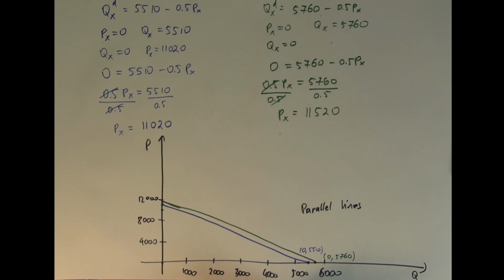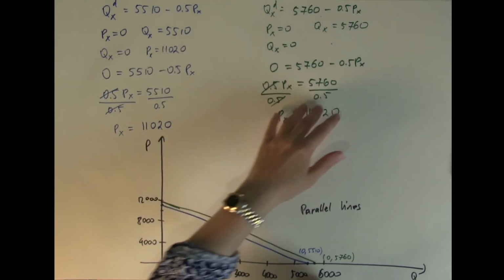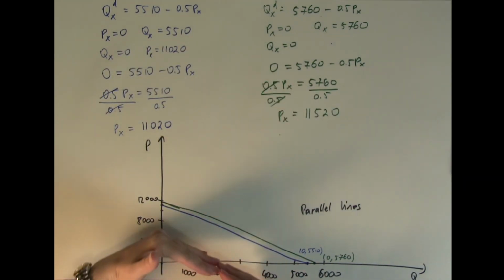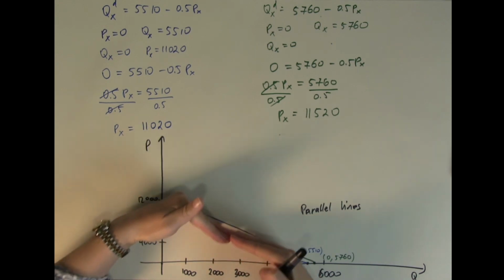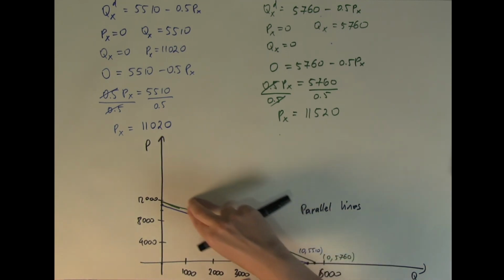Well, just by increasing my budget, which was M, from 2,000 to 3,000, remember that was the difference between the blue and the green, I was able to push up my budget line a little bit higher. So now I can afford different combinations that I was not able to afford with the blue line. So I've got extra money to spend.